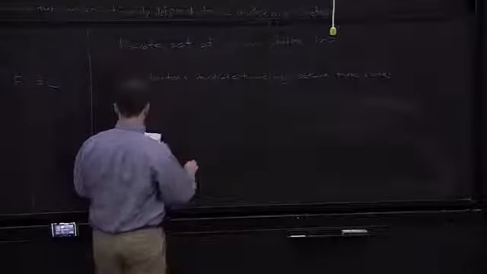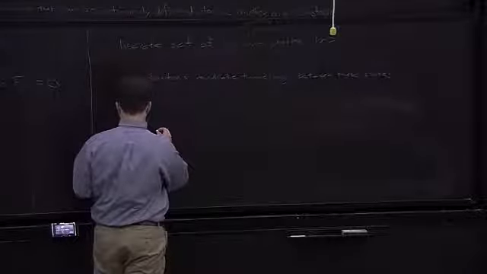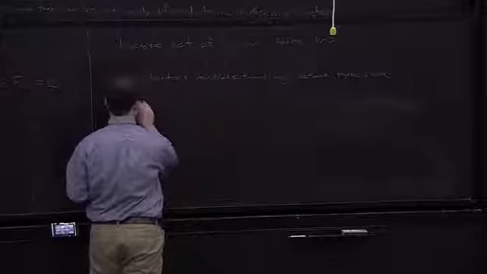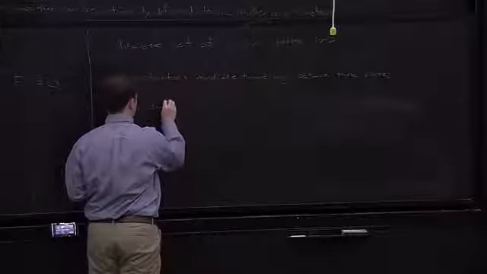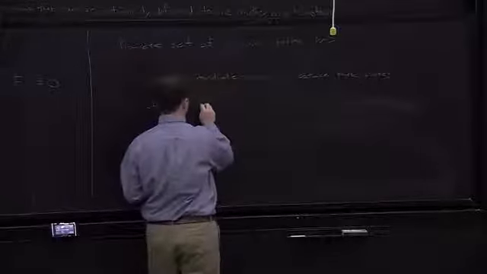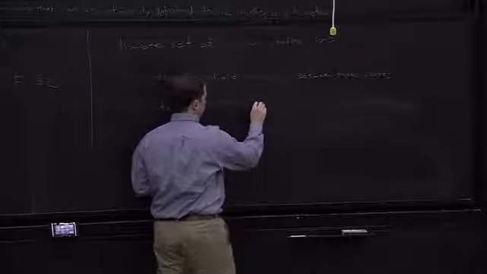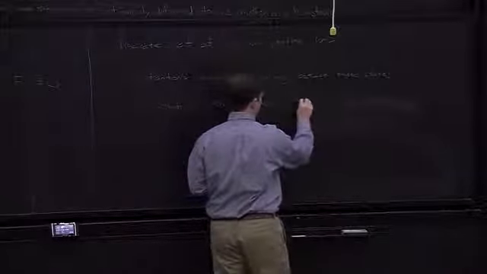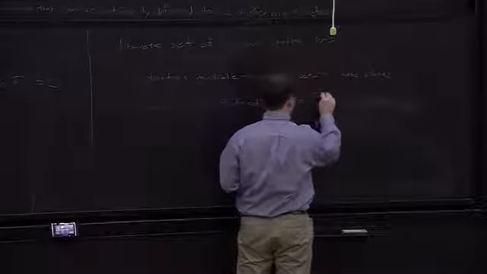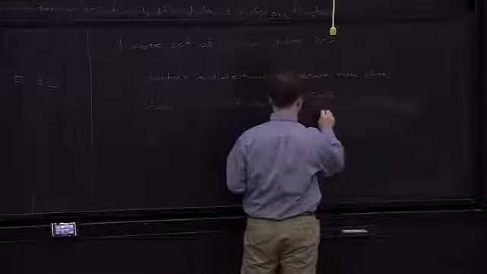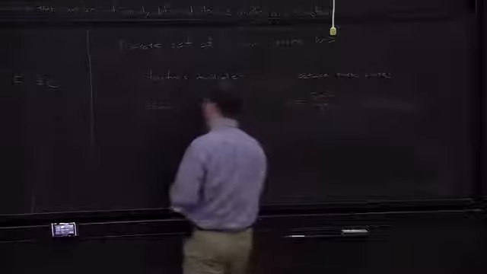And what you'll show is that there is an instanton with finite action, S equals 8 pi squared over g squared, that changes the winding number.